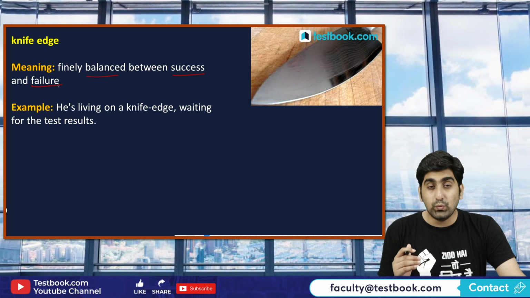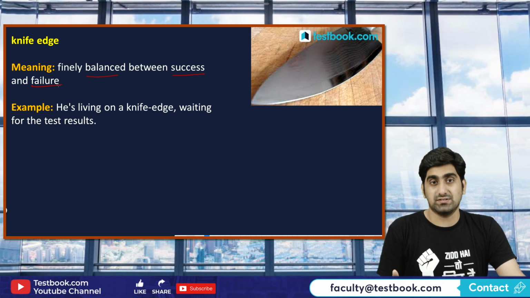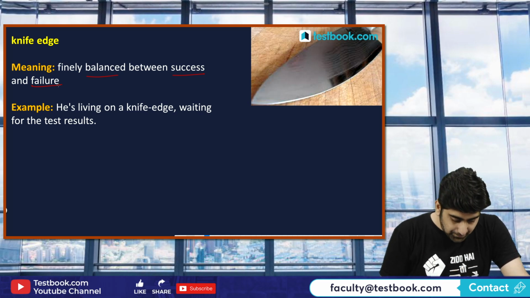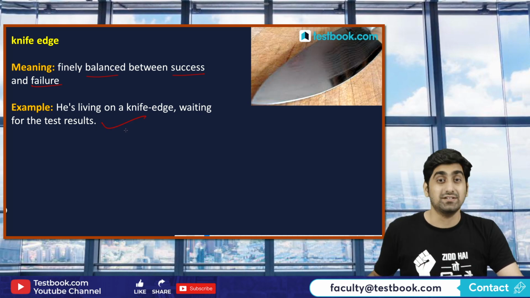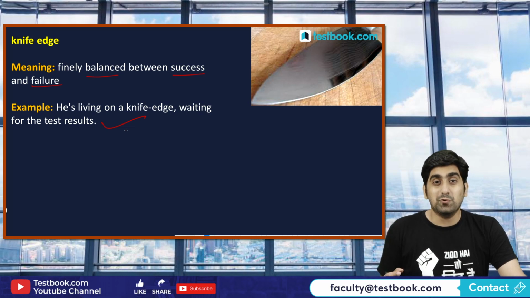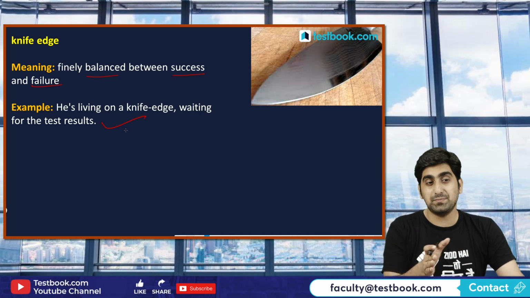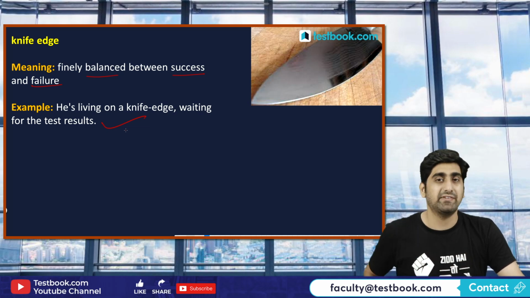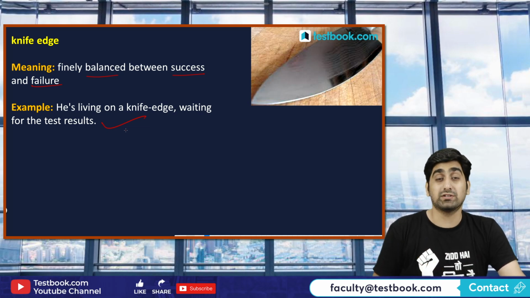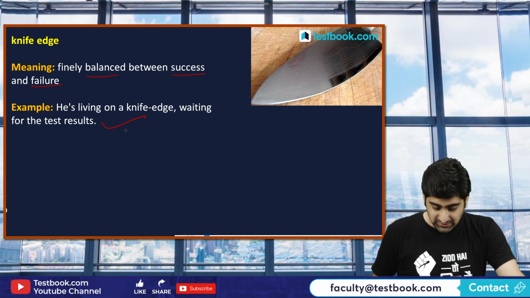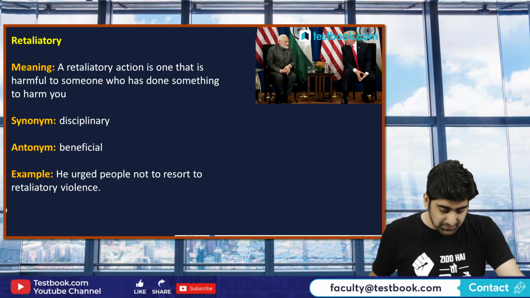That has very much importance. Example sentence says he is living on a knife edge, waiting for the test result. I mean, वो बहुत ही महत्वपूर्ण क्षणों में रह रहा है. Balance between the success and the failure, waiting for the test result. So you can see how the word has been used.